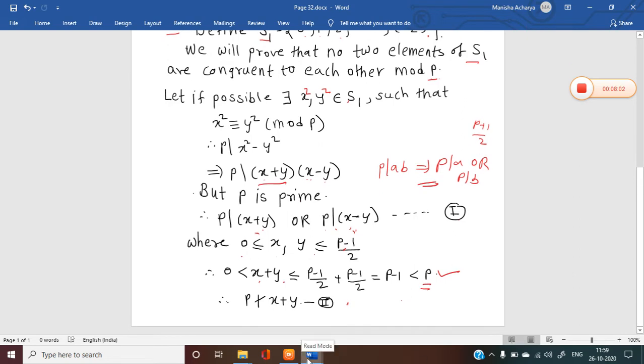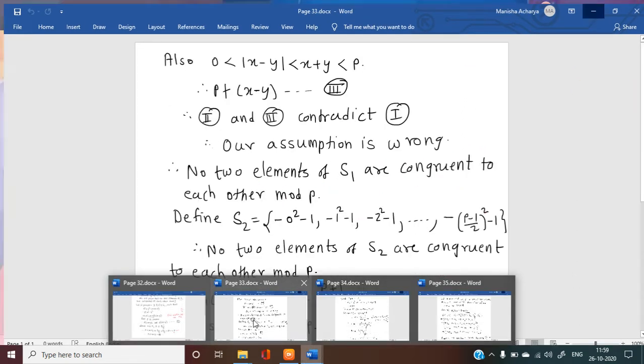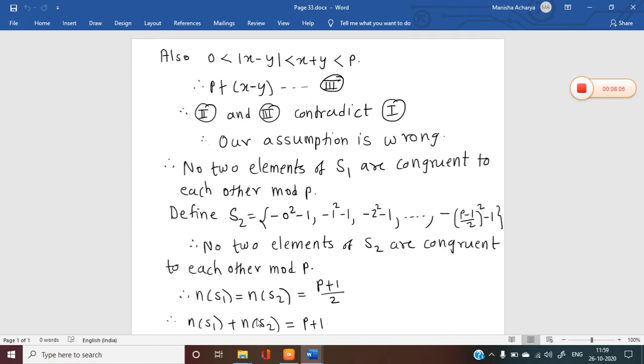Now on the next page we will show that p does not divide x minus y. See, it is obvious because x minus y is a value which is less than x plus y. Okay, so if you consider the positive value, that is mod of x minus y, then it is less than obviously x plus y, where x plus y is less than p. So again p does not divide x minus y, so we call it as 3.